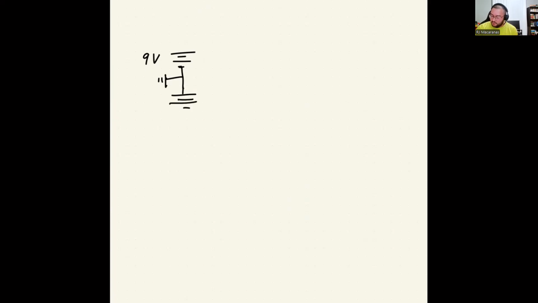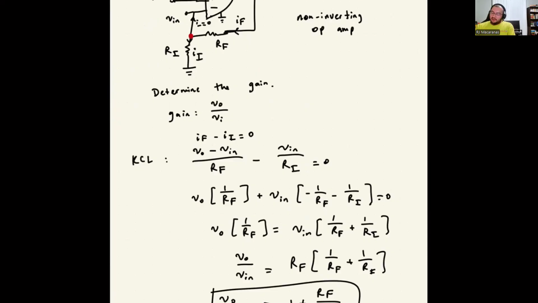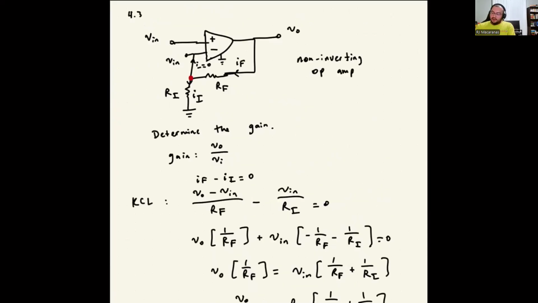If this is 9 volts, then the voltage over here with respect to ground is actually minus 9 volts, and this is going to be plus 9 volts. So that's one way you could do it. That's a good question, because that is something that arises in E409: how do you actually create this dual supply? It is somewhat difficult if you only have one battery.